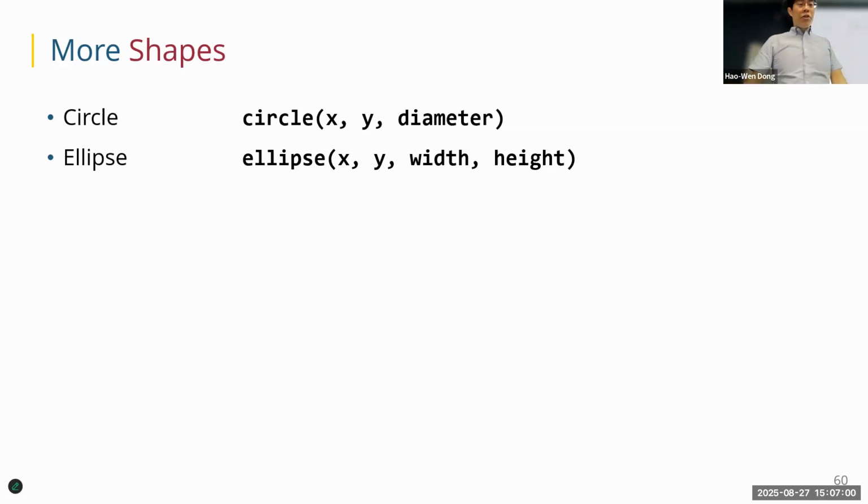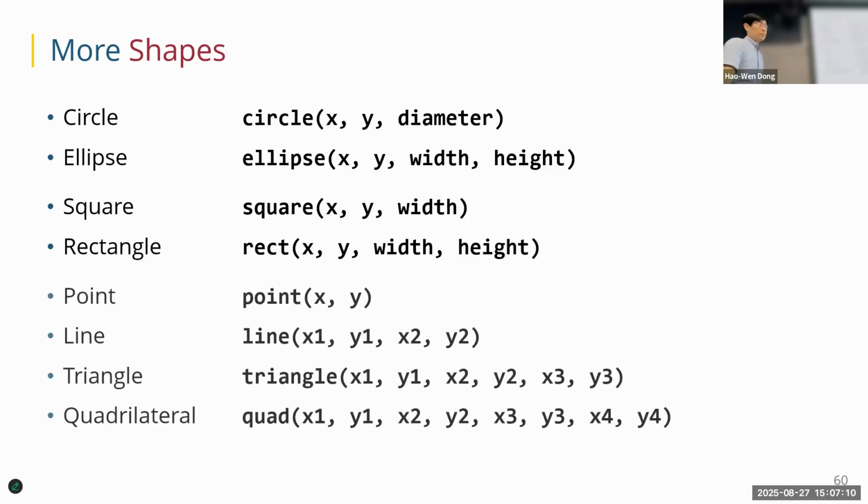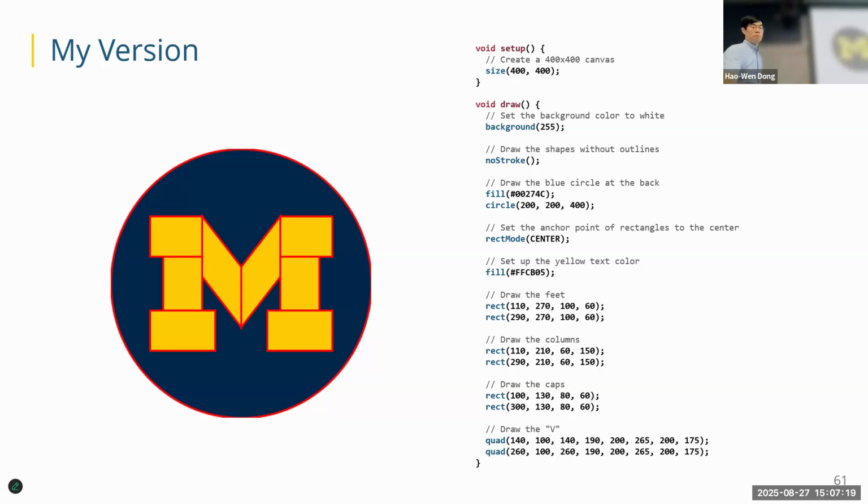More shapes: circle, ellipse, and basically square versus rectangle. They have the exact same sort of parameters. You also have point, line, triangle, and quad. Should be very straightforward. Even with just these, we can already create this block M by combining all these shapes.